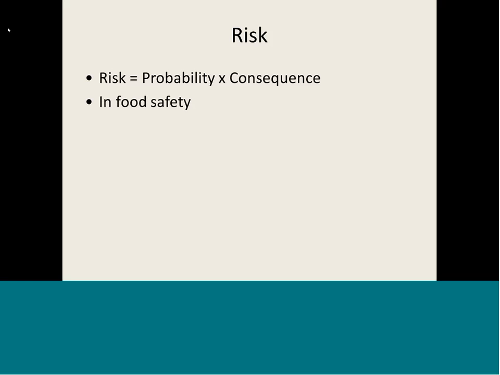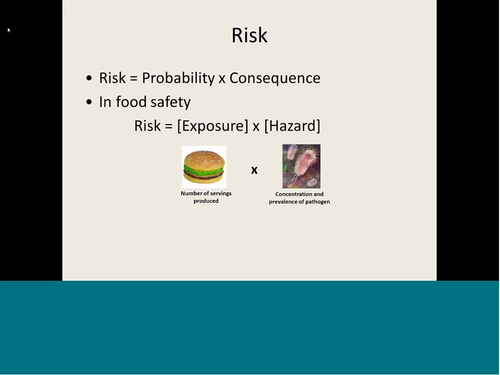So what we're going to do is take a look at how this has been translated a little bit for food safety. In food safety, we're using the same notion of a risk and the same 2 component parts, but they take on a different meaning, if you will. So we're going to be talking about exposure and hazard.